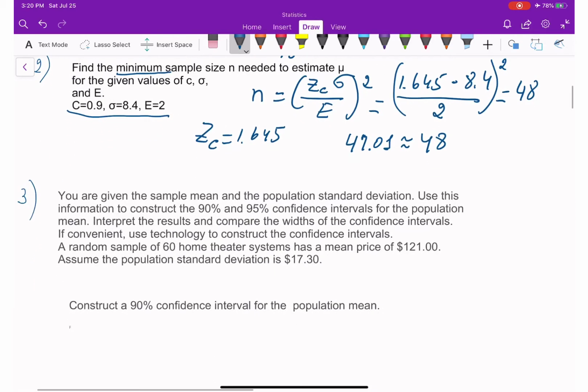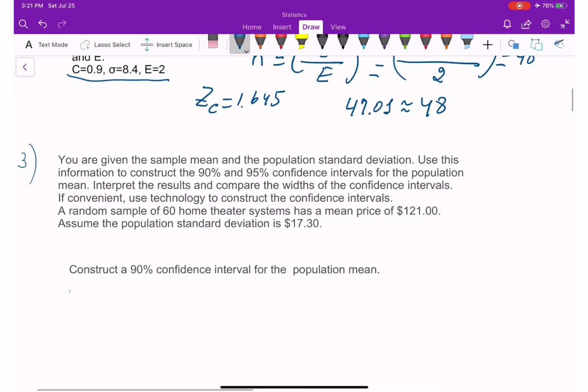You are given the sample mean and the population standard deviation. Use the information to construct 90% and 95% confidence intervals for the population mean. Okay, I will do for 90%, and I believe you can continue and do the same thing for 95%, okay? So I'll do 90%. And compare the widths of the confidence intervals. If convenient, use technology to construct the confidence interval.